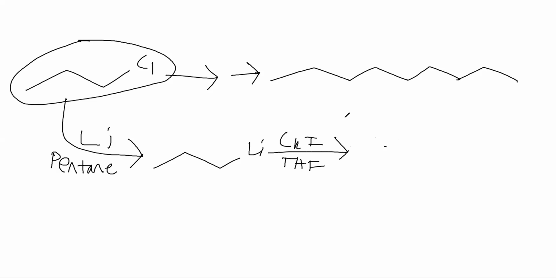This might seem like it's coming out of nowhere, but unless you're explicitly told you only have one equivalent of this, you can assume you have excess. So because we have excess, we can say we have at least two of these.